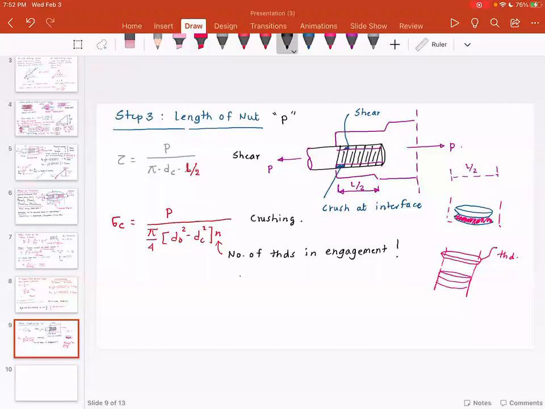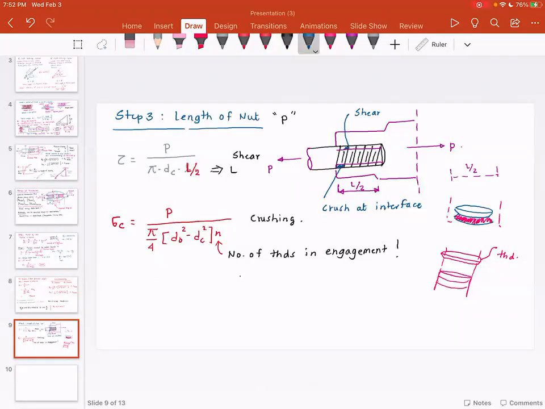If you look at the shear failure, it can give me directly the value of L. So in this equation, everything except capital L is known. So I can find out the value of capital L.